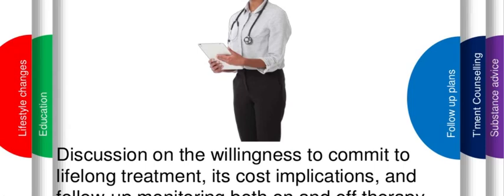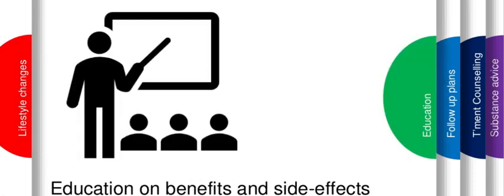Discuss the willingness to commit to lifelong treatment. Lucky enough, the medication is not so expensive, although this can be a big hurdle for some people who are really living below the poverty line. And so it's important to start treatment and be monitored because of side effects of these medications. Educate on benefits and side effects, where the most common side effect is kidney dysfunction.